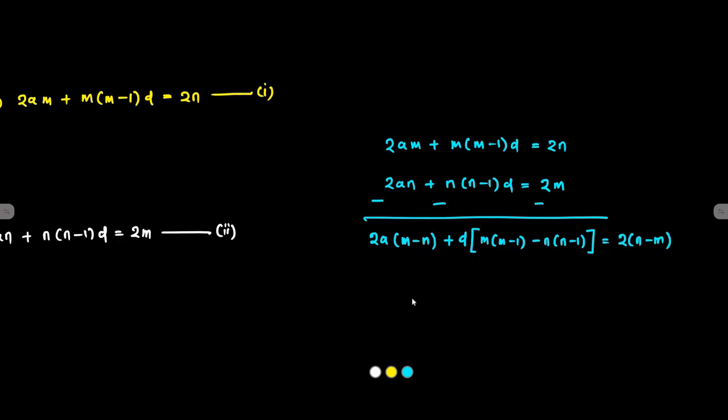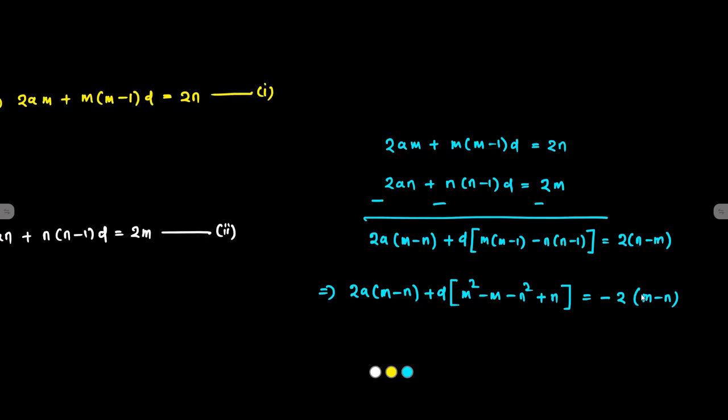Okay, so now we can simplify it as, that implies 2a into m minus n plus d into m square minus m minus n square plus n. So here it is m square minus m minus n square plus n, that is equal to minus 2 into m minus n.